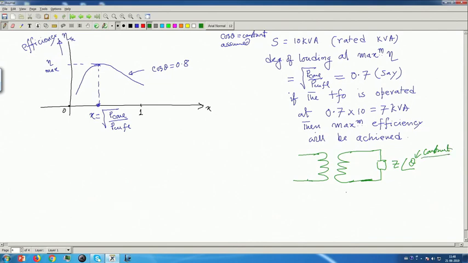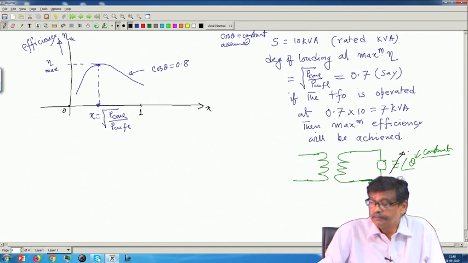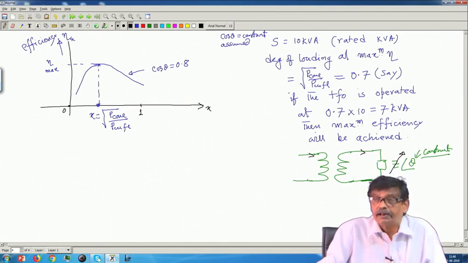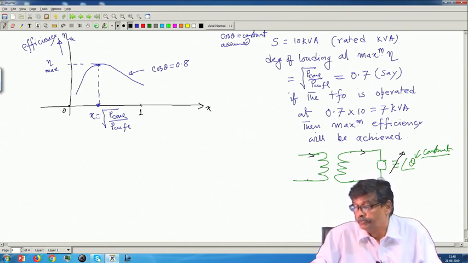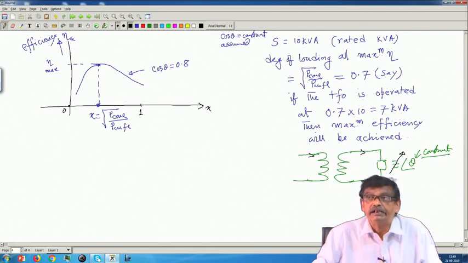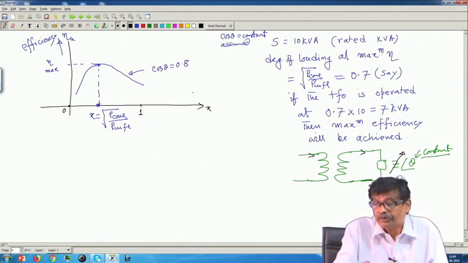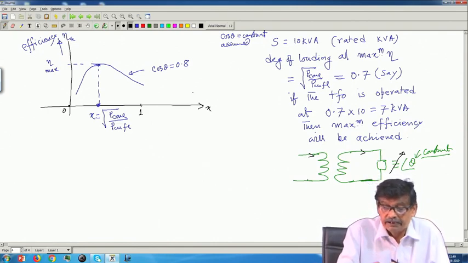That is what it means. You vary Z, that can be done keeping theta constant, and then you will get different currents as the value of Z will be different, but theta remaining constant. Therefore, this is the curve, and I should not forget at what power factor I am plotting this curve.